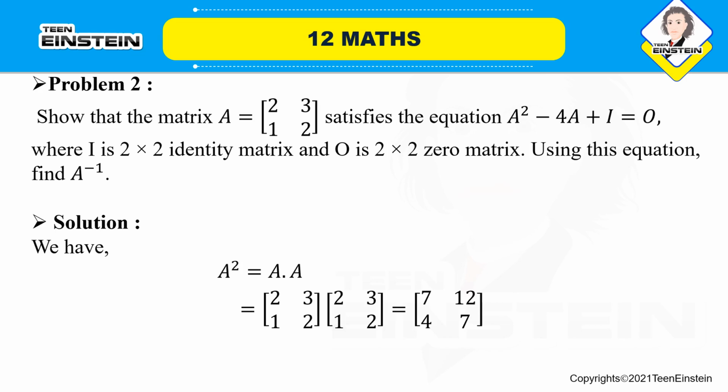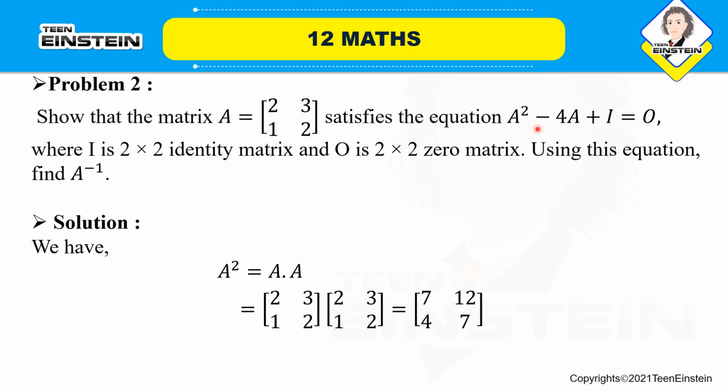Using this equation we have to find A inverse. So the first part is we have to show that the given matrix A satisfies the matrix equation. This is not an ordinary equation, it is a matrix equation.